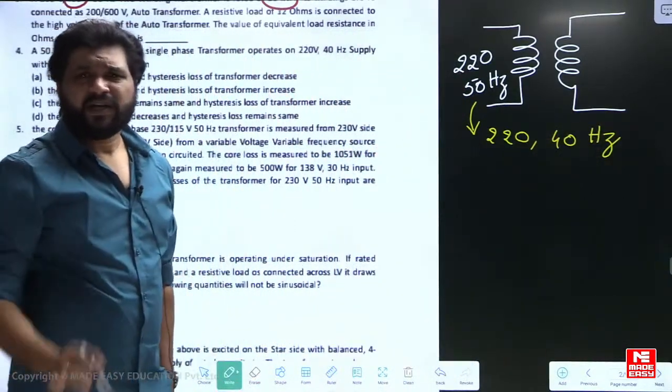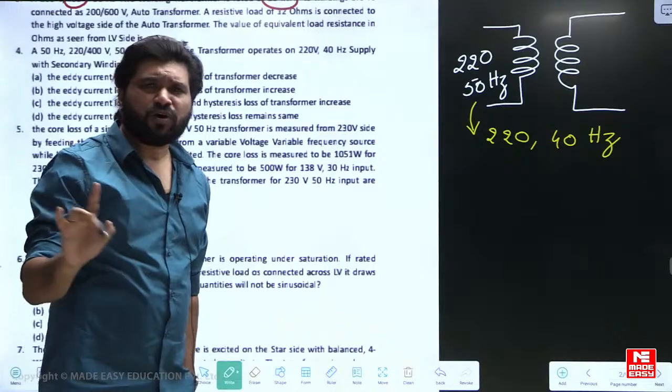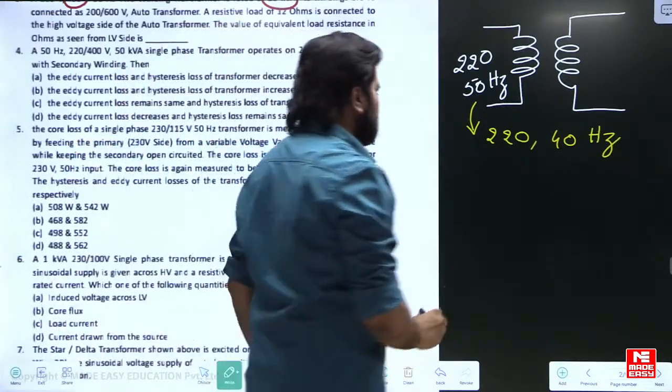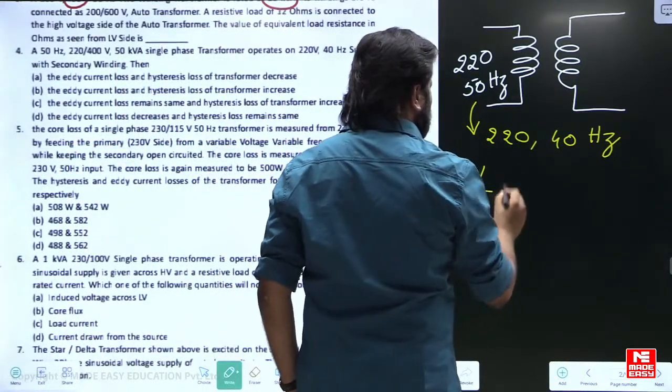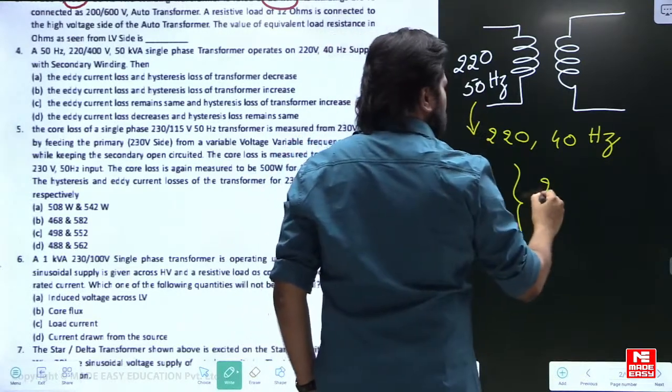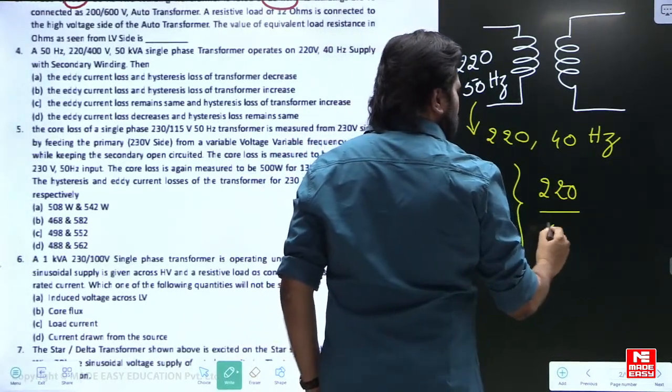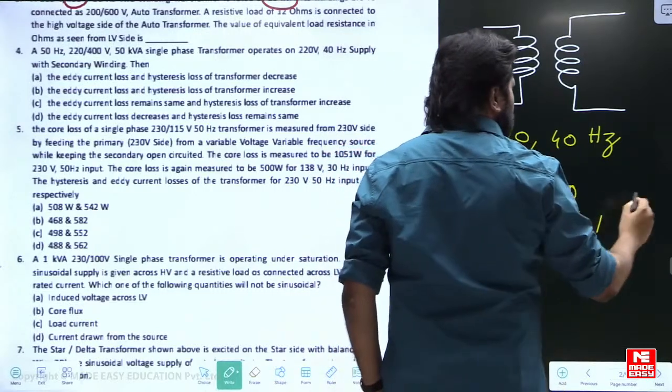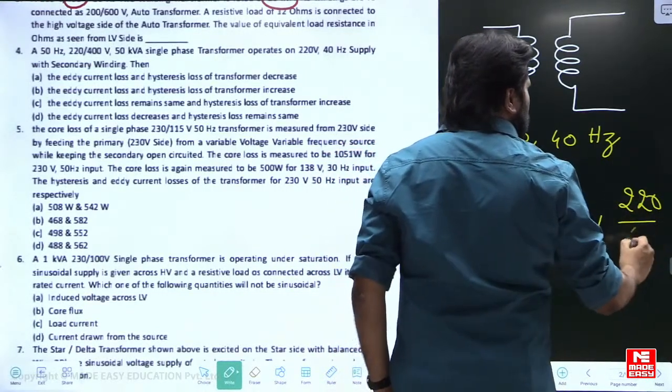First check, is the V by F ratio constant or not? First 220 by 50, next 220 by 40.